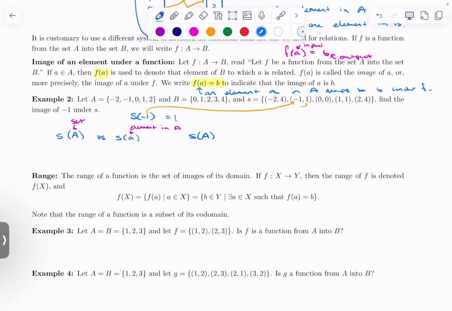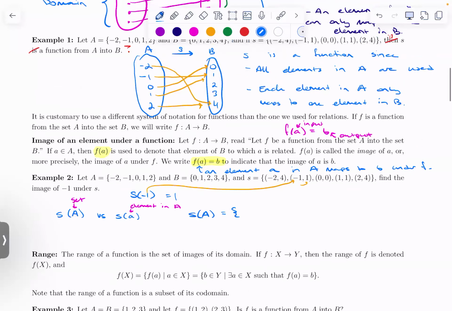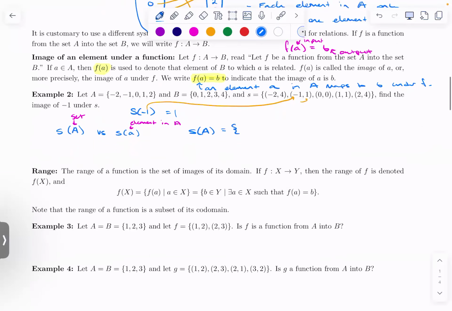S of A, capital A, the set A, is the set of 0, 1, 4. Those are all the possible outputs.